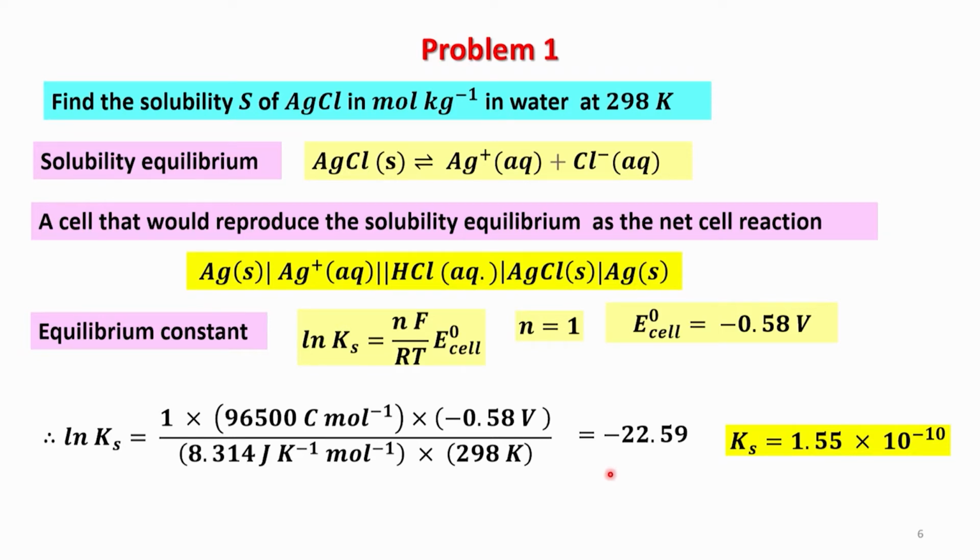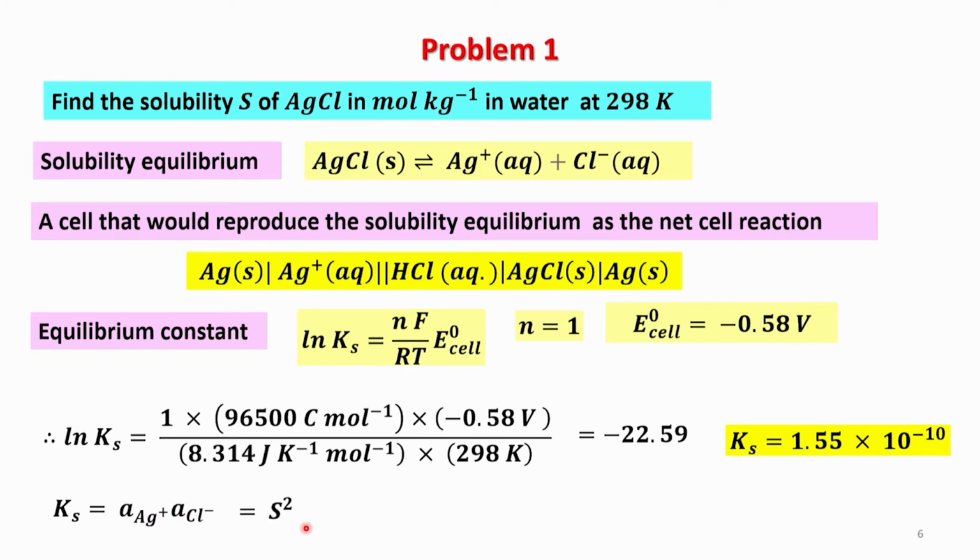Please note that here Ks is a dimensionless quantity. That is because everywhere I am using the activity of each of the species present in the equilibrium mixture. As a result, my equilibrium constant is going to be a dimensionless quantity. But I understand that this Ks is nothing but the activity of Ag plus and the activity of Cl minus, as I have mentioned before.